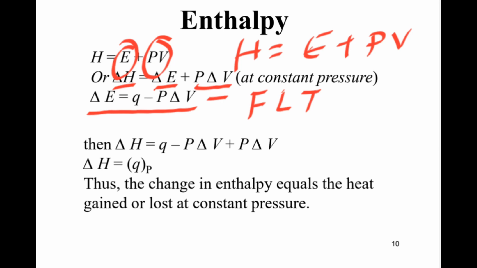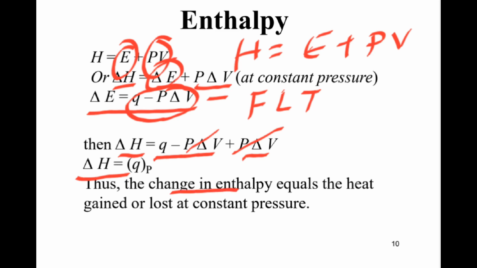Heat minus pressure times change in V. So substituting this value in place of this yields: change in enthalpy is Q minus change in E plus this. So this cancels out, and what remains is change in enthalpy is equal to Q at constant pressure. So change in enthalpy equals the heat gained or lost at constant pressure.